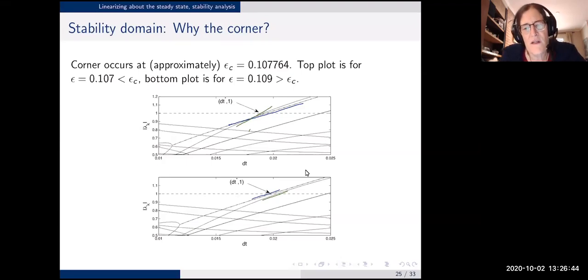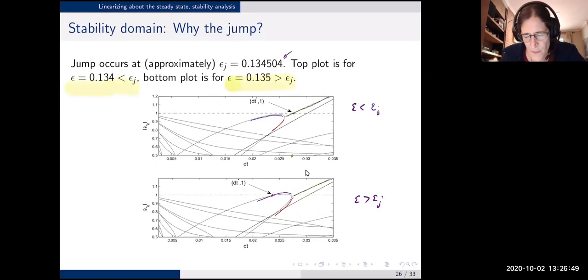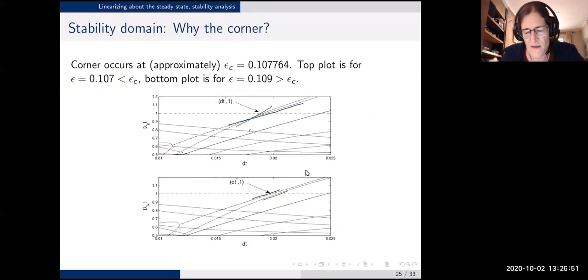And so because you have this system that doesn't decouple, you can get the loss of stability being due to different branches of the eigenvalues.